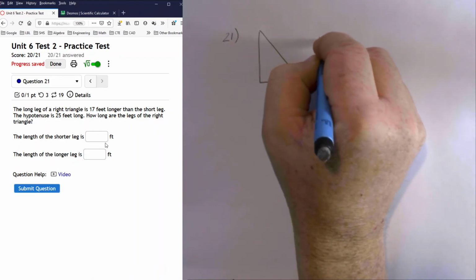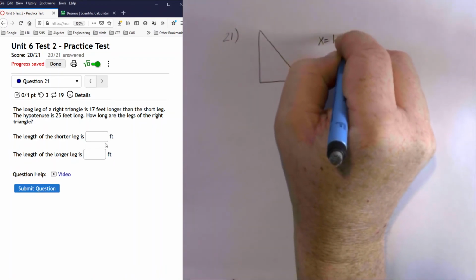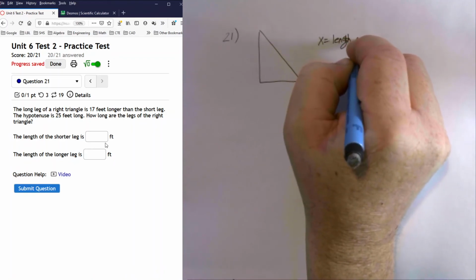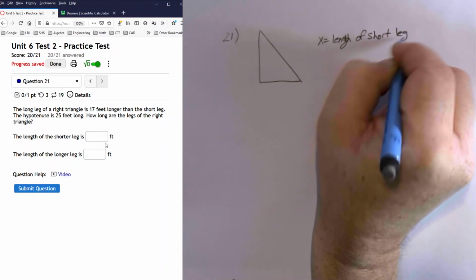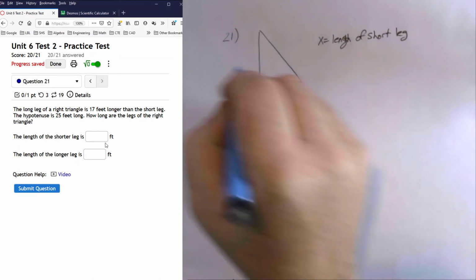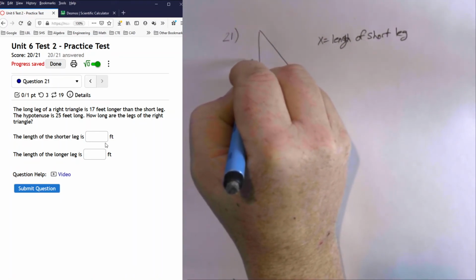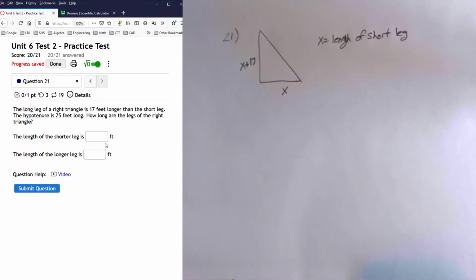So I'm going to say that x is going to be equal to the length of the short leg. So this is x here. And then this side here is going to be x plus 17. Okay, so the long leg is 17 feet longer than the short leg.